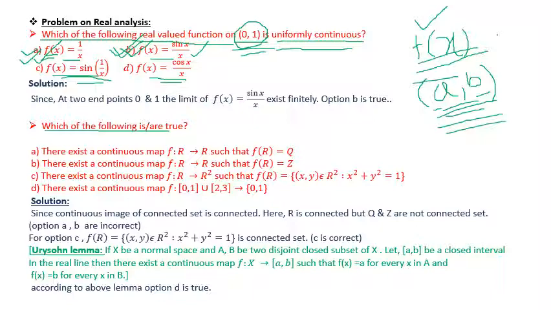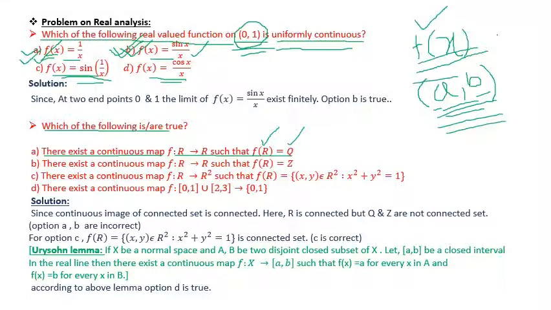The first option: there exists a continuous map f from R to R such that f of R equals Q. Is it possible? Note that f of R equals Q. Here R is a connected set and Q is not a connected set, right?